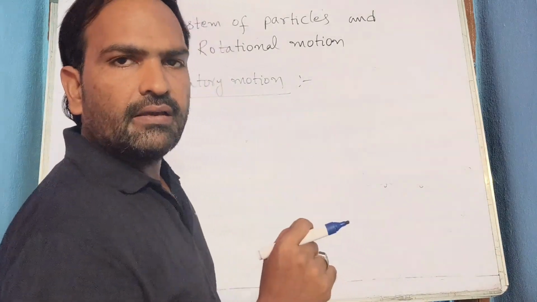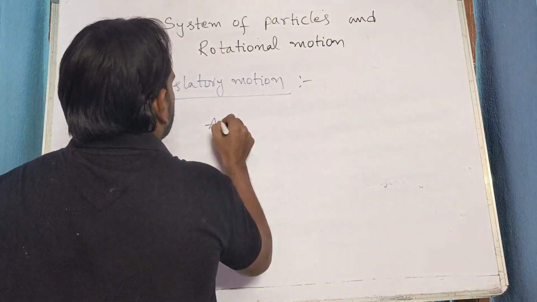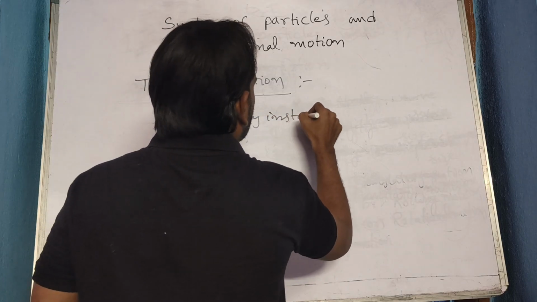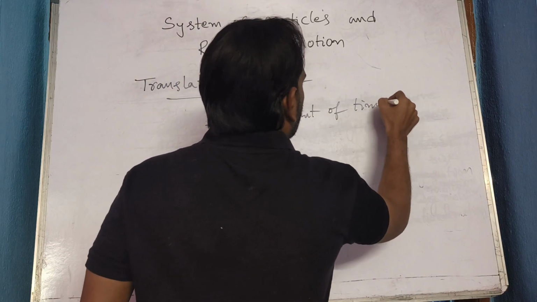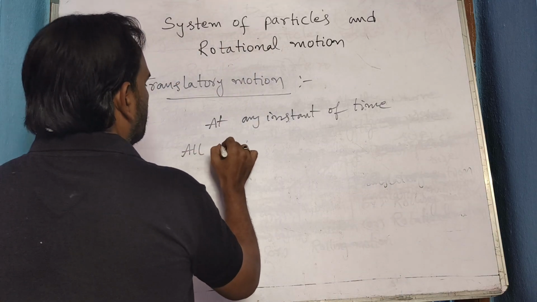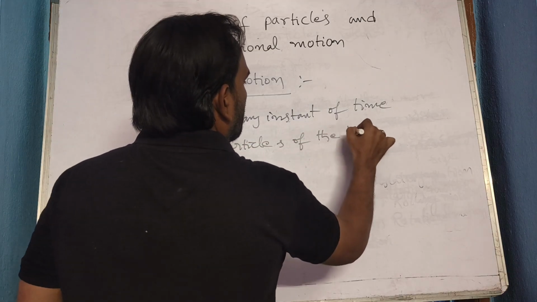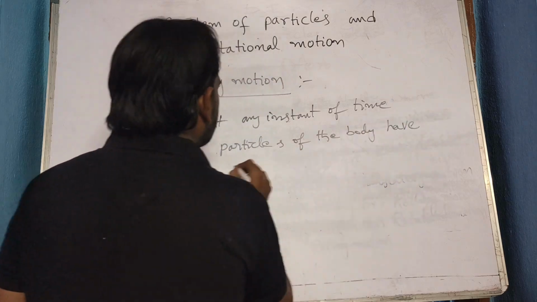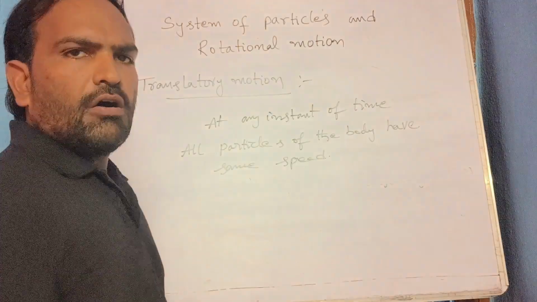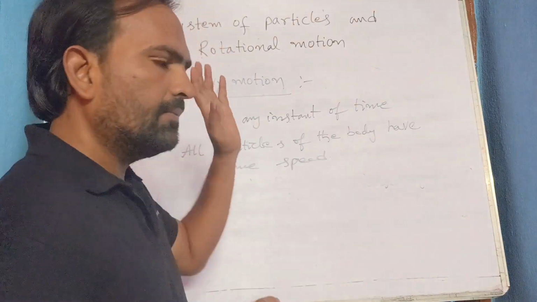All particles of the body at any instant of time have the same speed, or all particles of the body have the same displacement in the same time. It's called translatory motion.